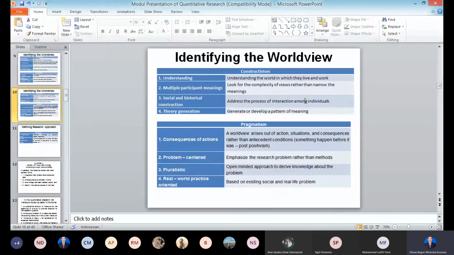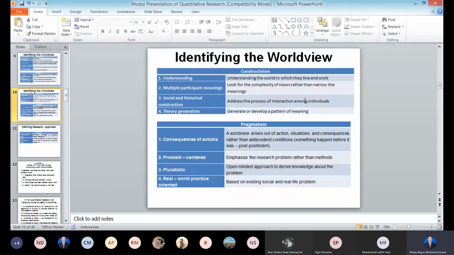You can generate your own perspective because you are not in a very narrow situation, but in a very large society. So in other words, the constructivist view tries to improve existing conditions with better conditions.